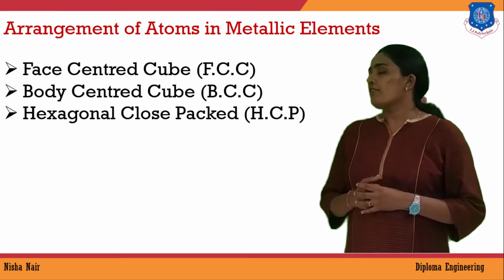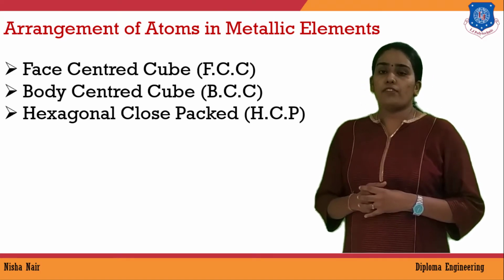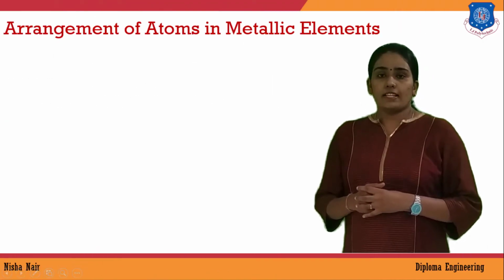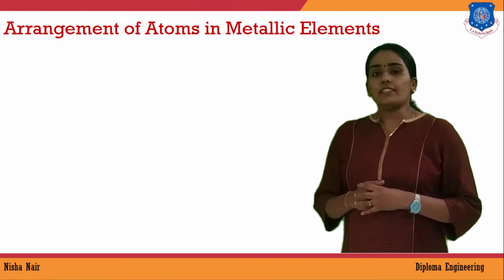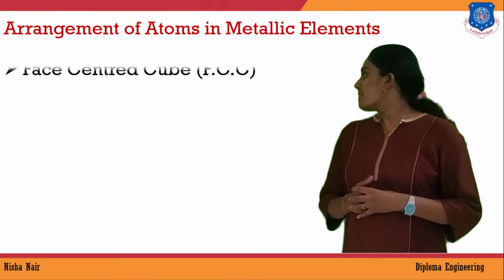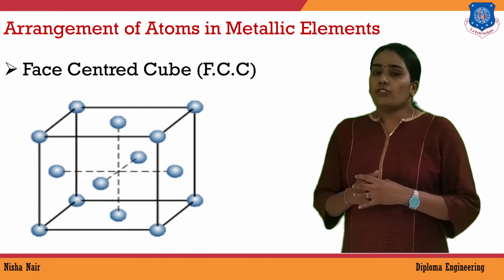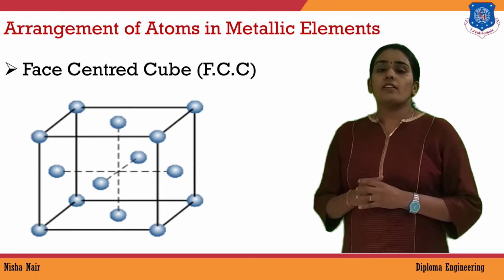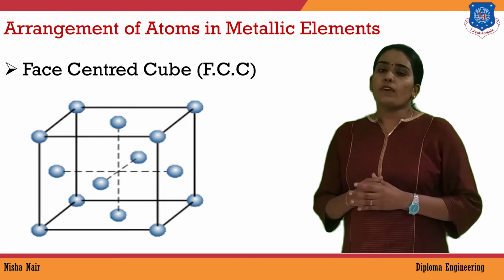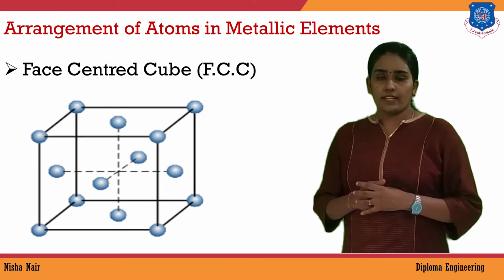Now, let me see the first type, which is known as a face-centered cube. Face-centered cube means we can consider here a cube. You can see the cube, and we know that a cube has 8 corners, 6 faces, 12 edges and 1 center.